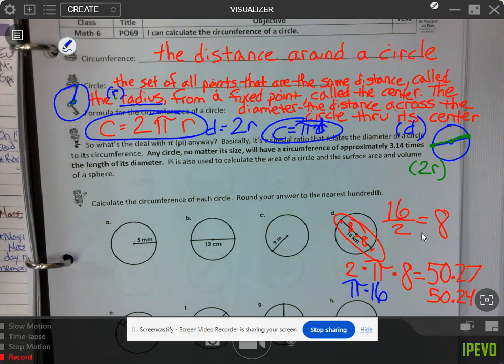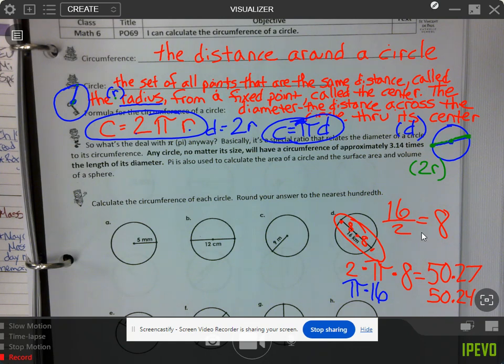So pi times diameter or pi times 2r. They both work because the diameter is 2r. So it works both ways, given whichever information you're given.